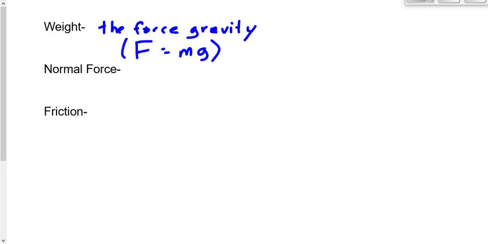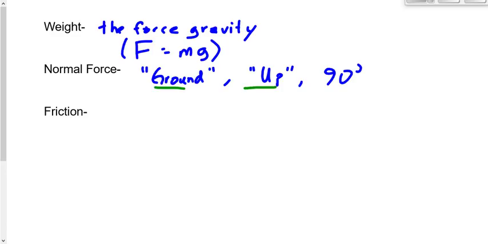Now, we talked about normal force as well on Friday. We said normal force is the force of the ground. Put that in quotation marks. The force of the ground pushing up at 90 degrees. There's a reason why we put ground and up in quotation marks, but we didn't put 90 degrees in quotation marks. The normal force, when I'm standing here right now, is the force of the ground.